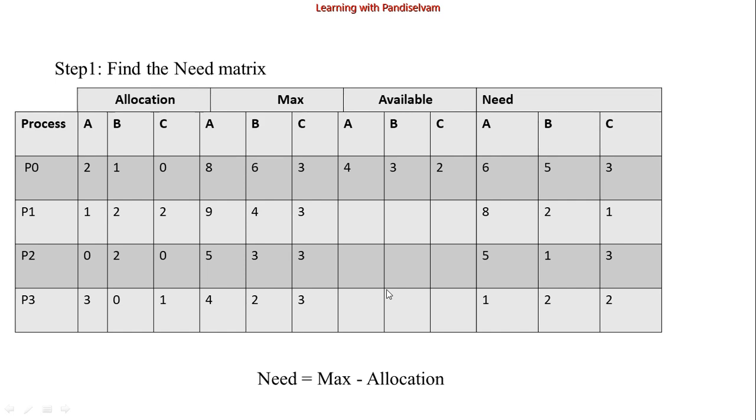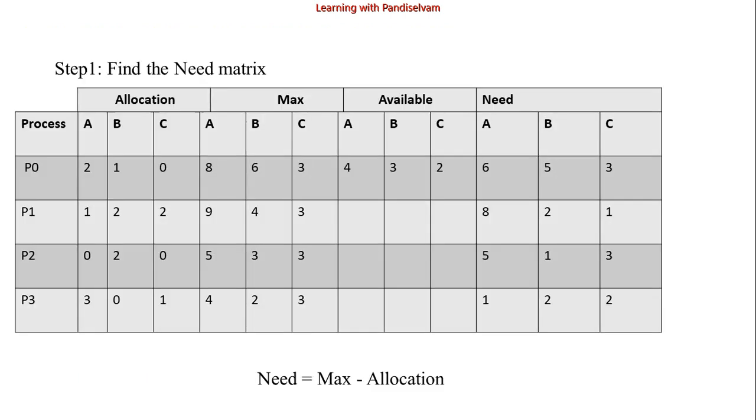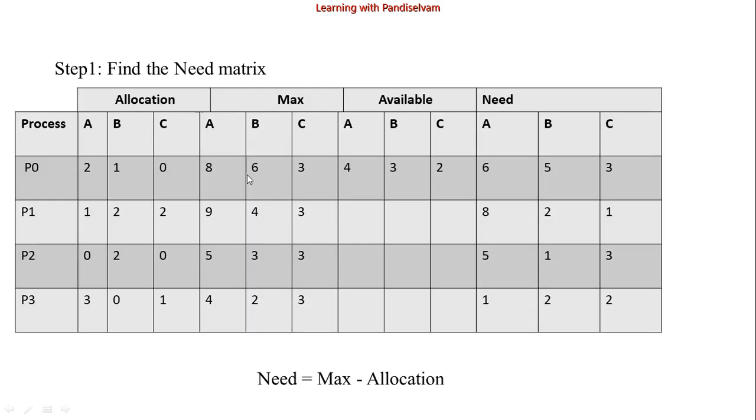For example, if you take process P0, the need of P0 is max minus allocated, 8, 6, 3 minus 2, 1, 0.